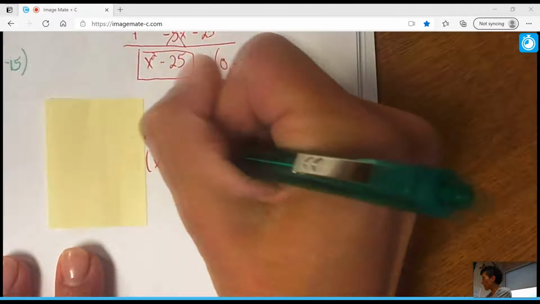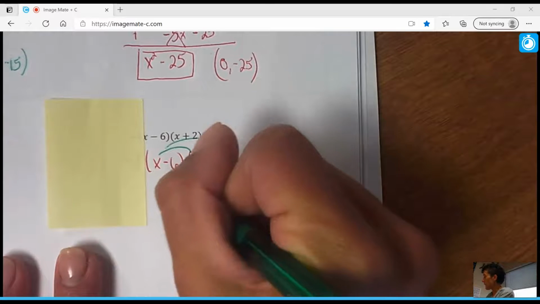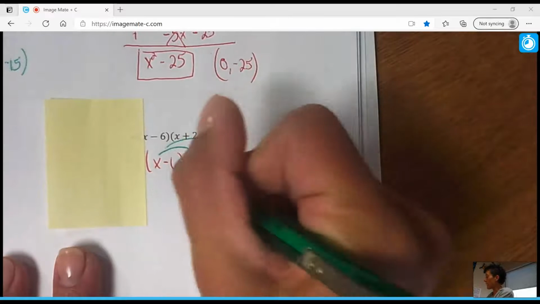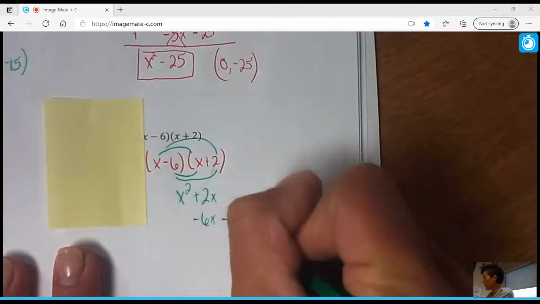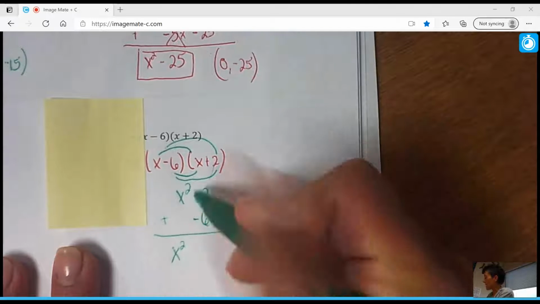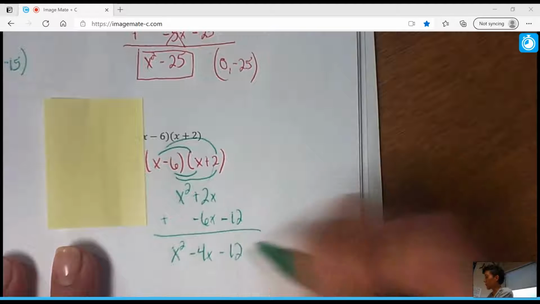So let's go ahead and have x meet everybody, or distribute, so I get x squared and 2x, and then the negative 6 will meet everybody, or distribute, and I get negative 6x and negative 12. And now when I combine my like terms, I drop this x squared down, these add up to negative 4x, and then the minus 12 drops down.